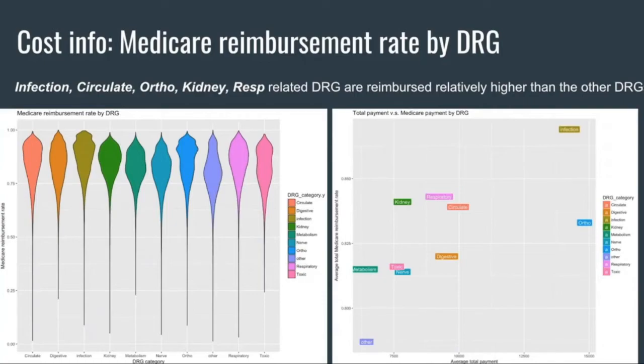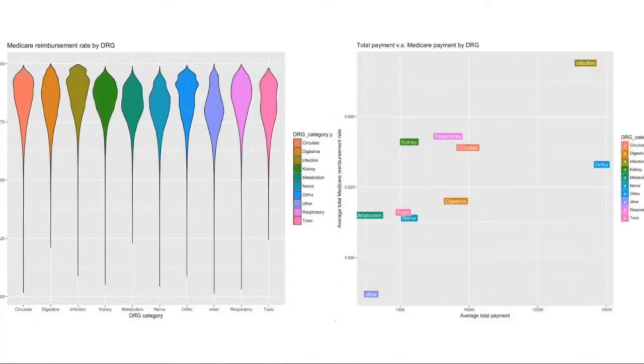This one is the Medicare reimbursement rate by diagnosis related group. The Medicare reimbursement rate means the amount of cost reimbursed by Medicare divided by the total charge from the hospital. It becomes a percentage, and we can see that infection, circulatory, ortho, kidney, and respiratory related DRGs are reimbursed relatively higher than other DRGs.